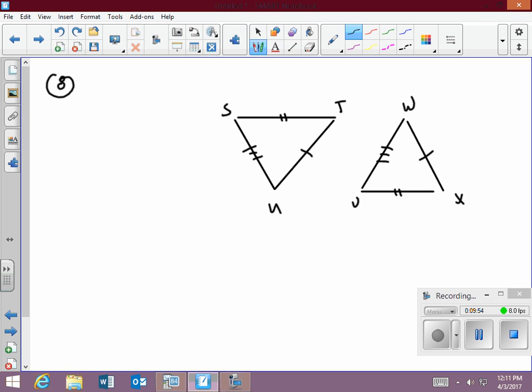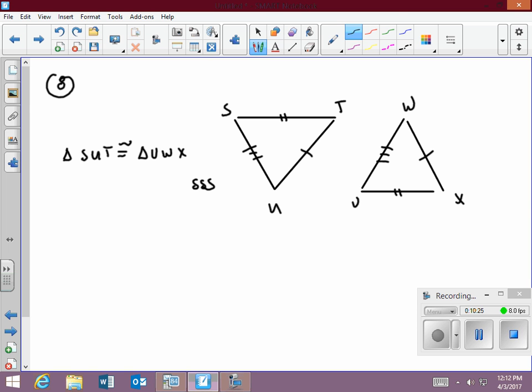Now what you want to do is be sure, if I put triangle SUT is congruent to, now you want to specify it, UWX, and that's for the reason of side, side, side.